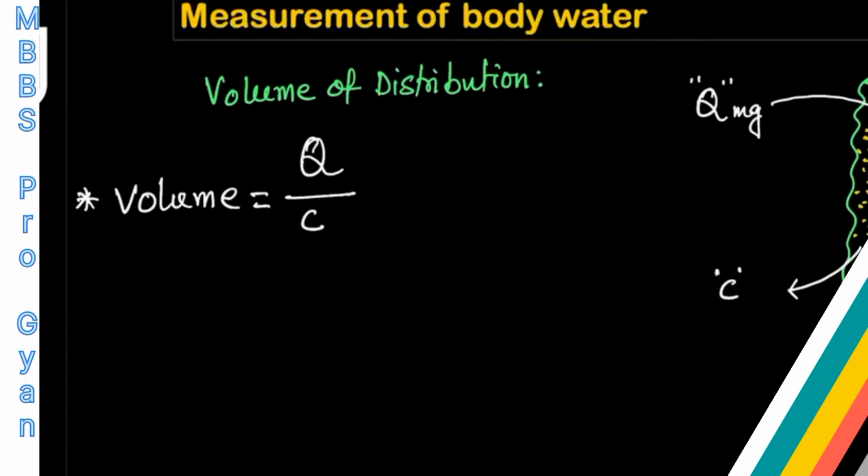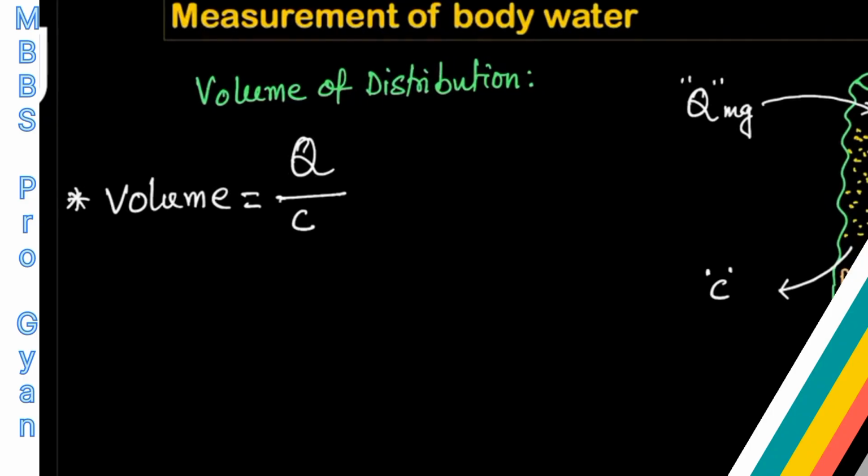Now, inulin is an inert substance, so there is very little chance that it will be metabolized by the body. But there are certain substances which are easily metabolized by the body. So I have to consider the metabolism or the excretion part of the substances.